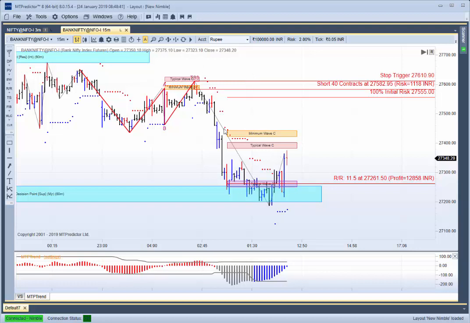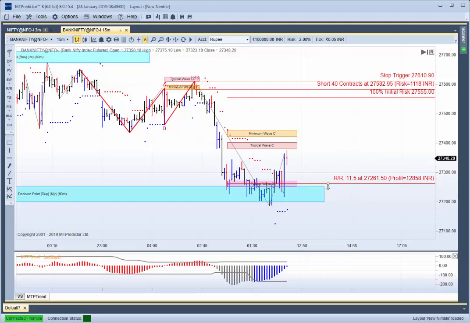So this would have been a very nice trade where the market went down to not only the higher time frame 60-minute support, but also the typical wave 3 WPT for your wave 3 swing down there, and that would have been a profit of approximately 11.5 R at that level.